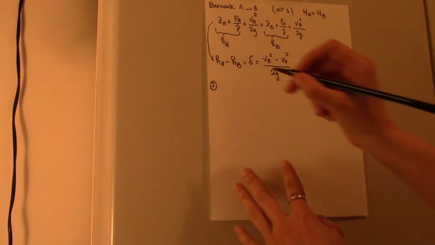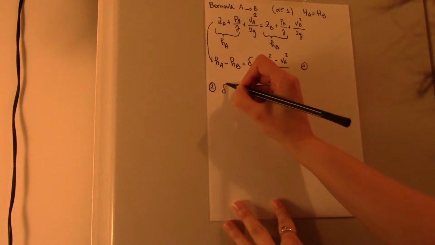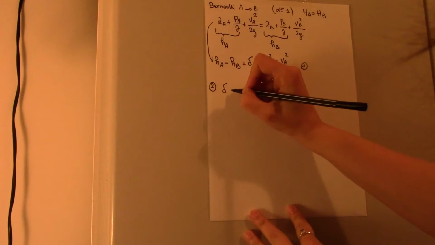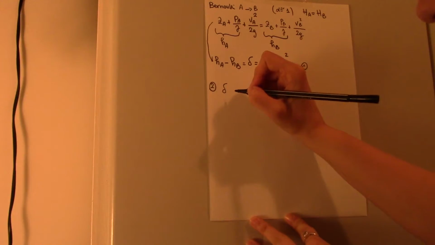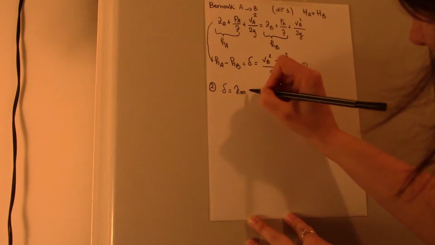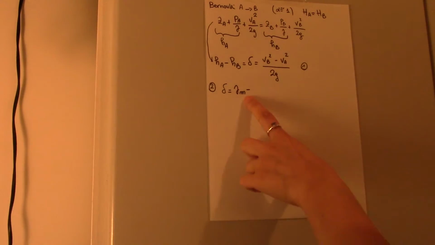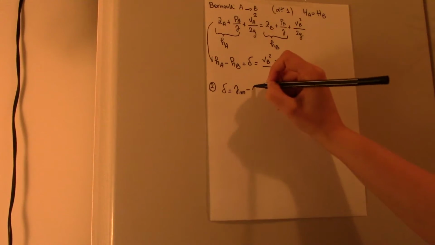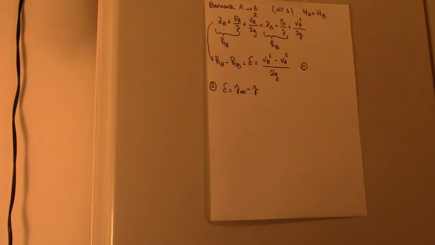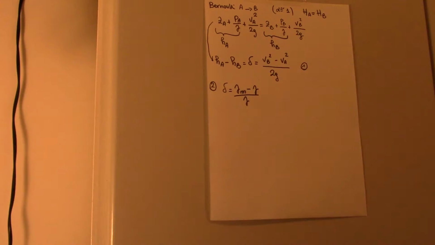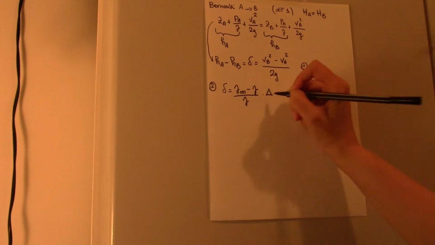So basically it says that the difference between the piezometric lines on the sections where your manometer is linked is equal to the ratio between the difference of the specific weight of the manometer fluid inside your instrument minus the specific weight of the fluid that you are considering, over gamma, times capital delta.